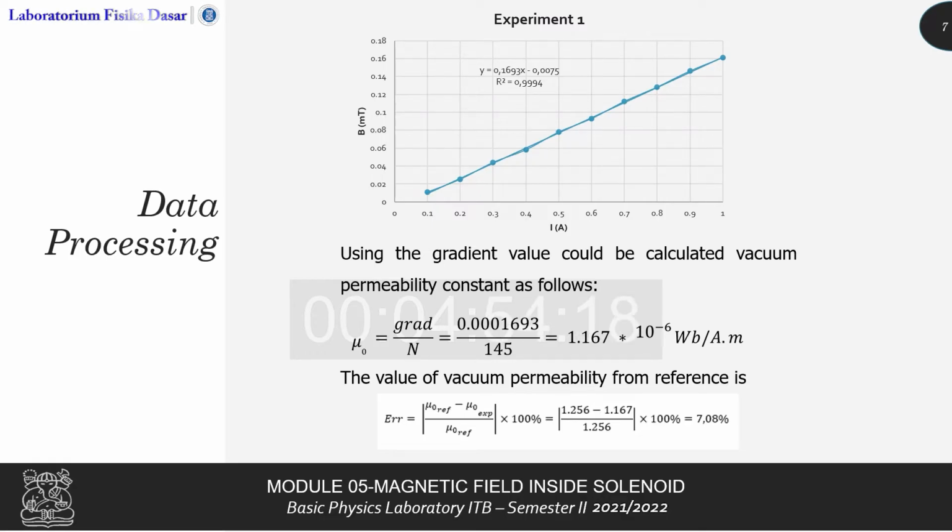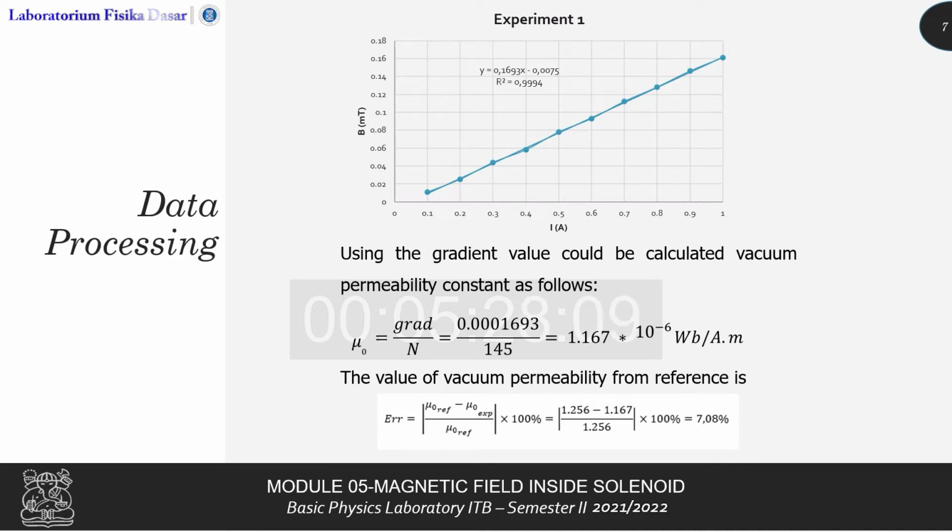Please keep in mind that this is only an example for this module, and the data given later during the experiment will be different. From the graph, we can calculate mu0, the permeability constant, using gradient over N, the number of coils, in which we get a mu0 value of 1.167 times 10 to the power of -6 Weber per ampere meter.